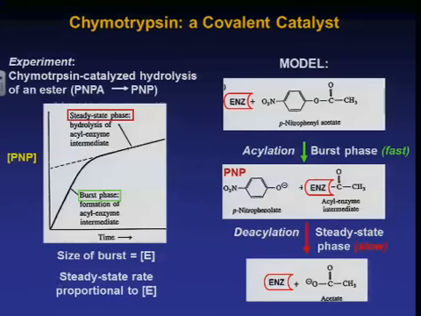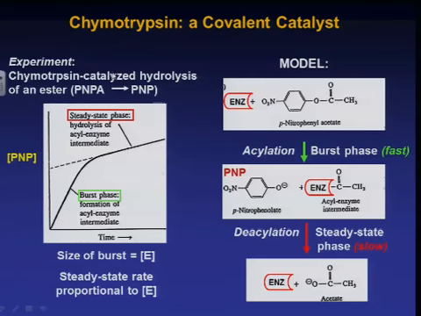Okay, so as a lead-in to understanding the mechanism, just some initial observations that were done with chymotrypsin. So, as I said, chymotrypsin cleaves protein chains. It will also cleave and hydrolyze esters.